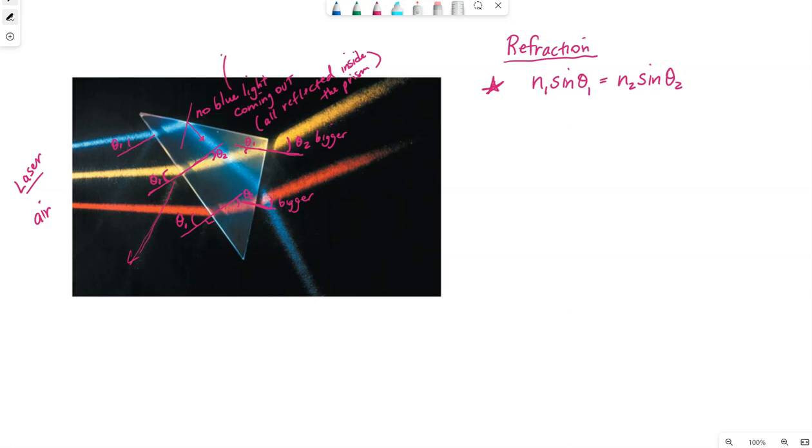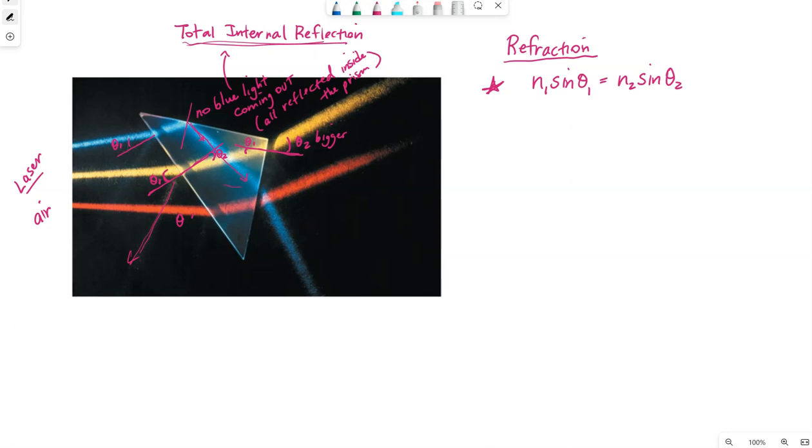We call this total internal reflection. If no light comes out, all of it reflects inside, total internal reflection. Now, by the way, if we follow this blue light through the prism, we get to this far side, and blue light totally comes out.